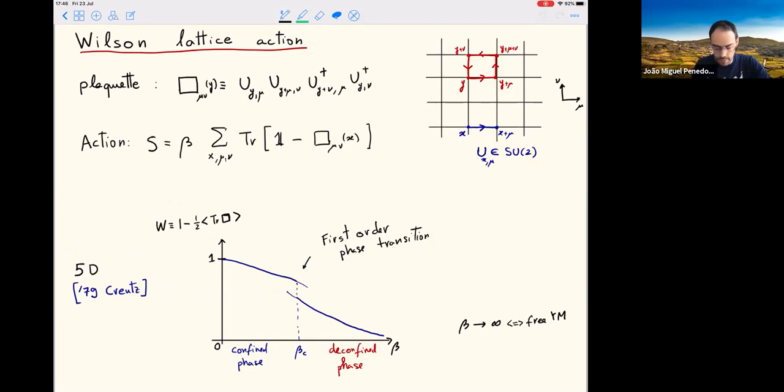You observe a hysteresis curve, whether you come from high beta or from low beta. It's a first order transition. So this action did not hit the critical surface. Somehow this one does not work.